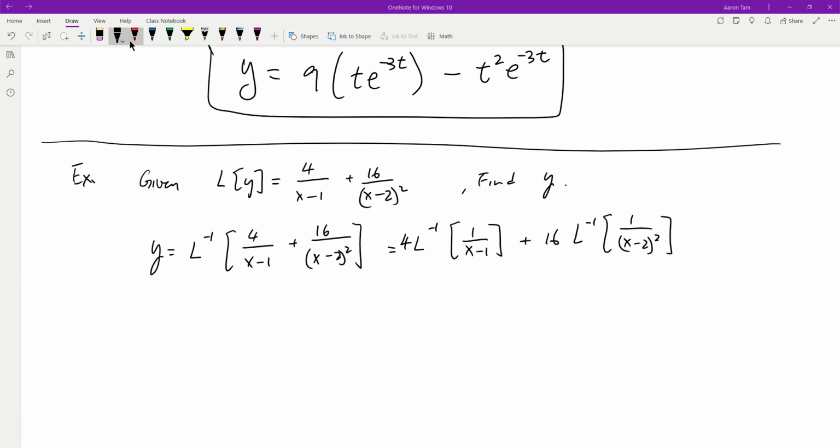So clearly this one right here is rule number 3, and I'm going to reference them to the table. It says that Laplace transform of e to the at is 1 over, I should say s, actually, s minus a. And actually I should change it to s for now.